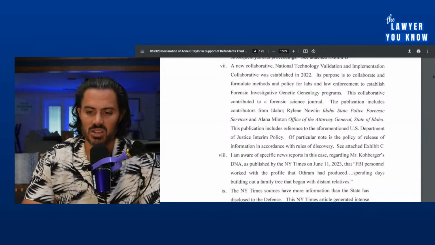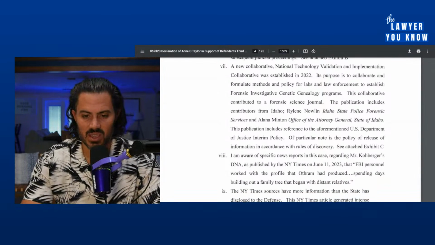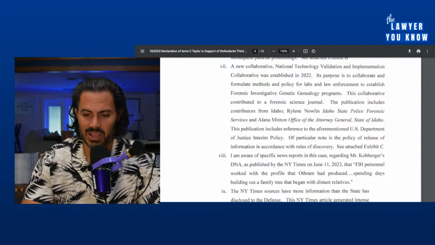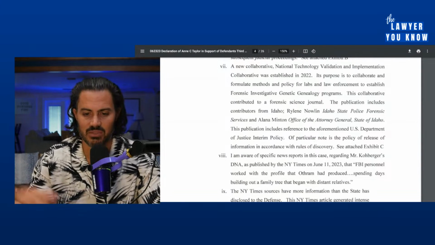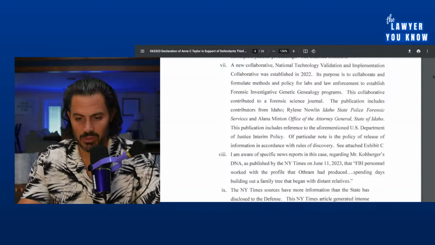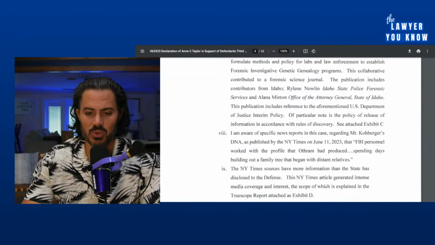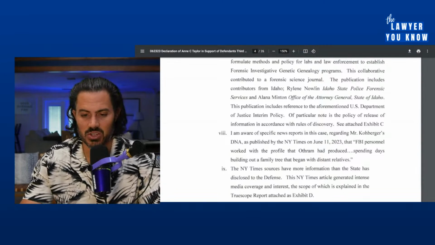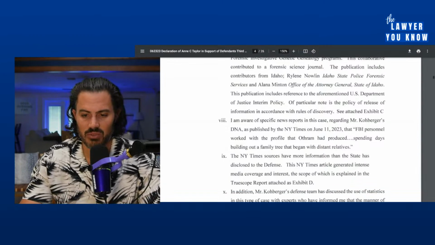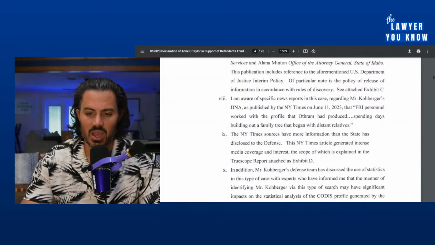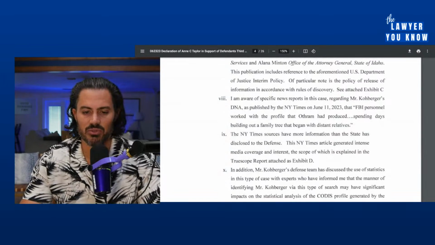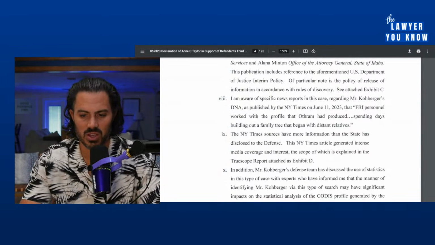The purpose is to collaborate and formulate methods and policy for labs and law enforcement to establish forensic investigative genetic genealogy programs. This collaborative contributed to a forensic science journal. The publication includes reference to aforementioned DOJ policy. Of particular note is the policy of release of information in accordance with the rules of discovery.